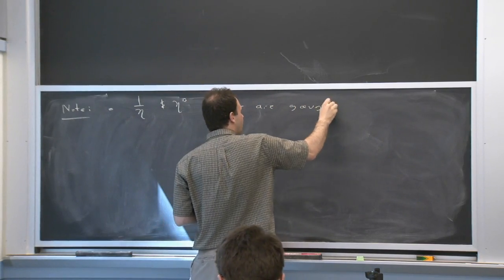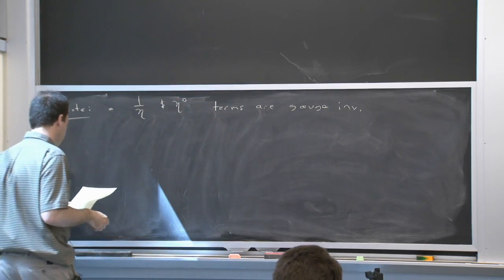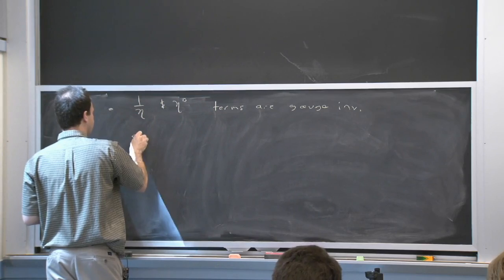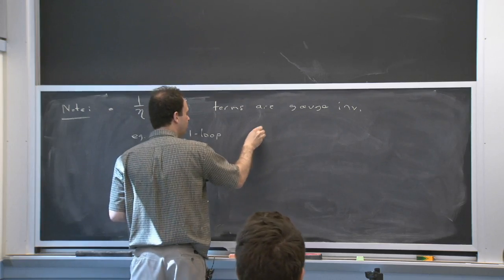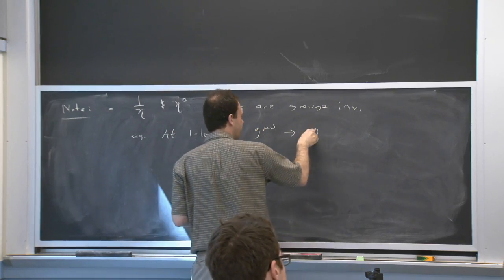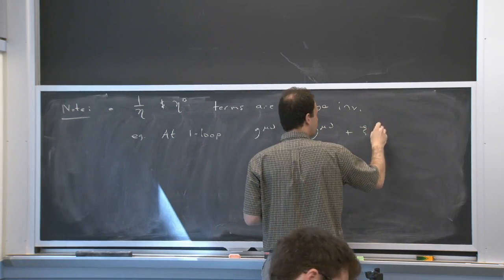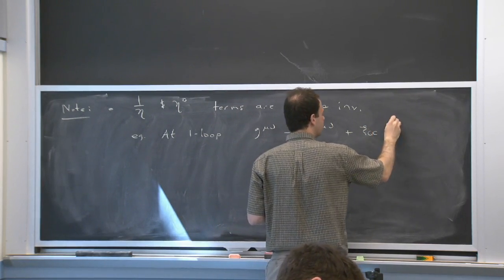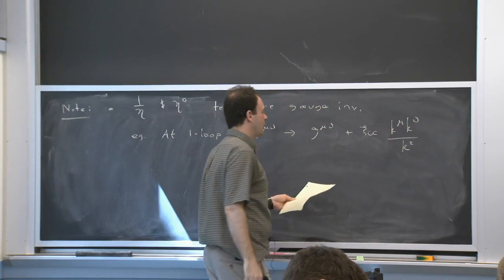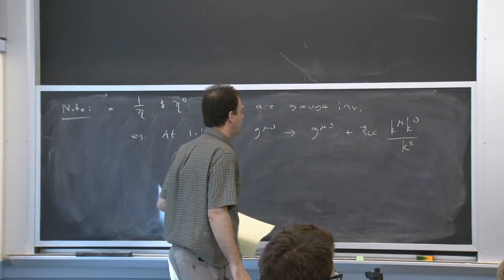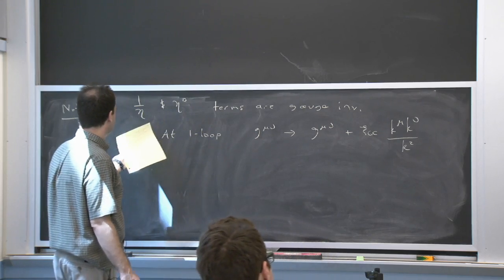And you can think about that by just going to a general covariant gauge and seeing the parameter dependence drop out. So for example, at one loop, you would take g mu nu in the contractions and replace it in general covariant gauge by some gauge parameter times k mu k nu over k squared. And you'd like to see it independent of this. But this eta to the 0 piece is independent of that for the usual reasons.